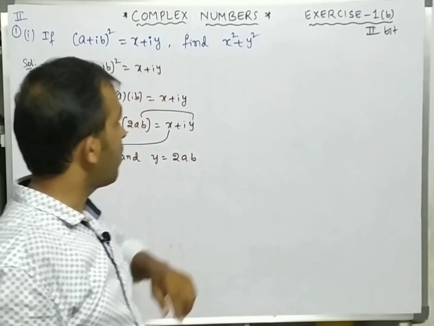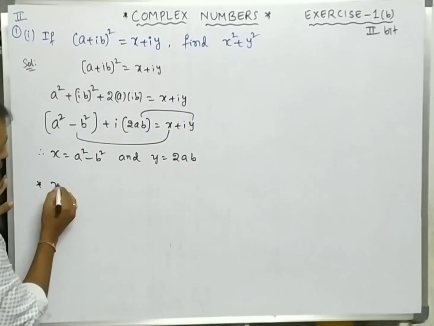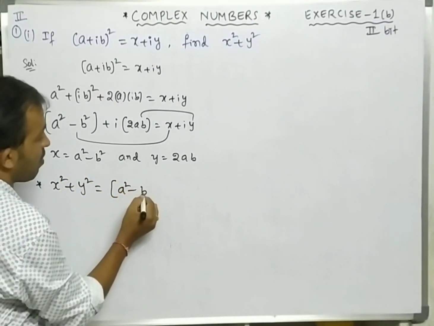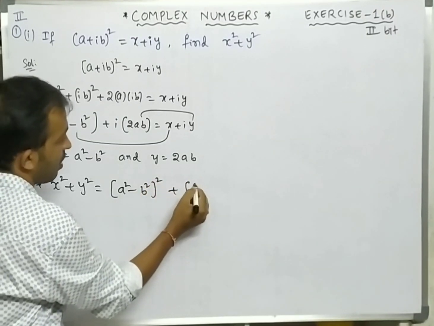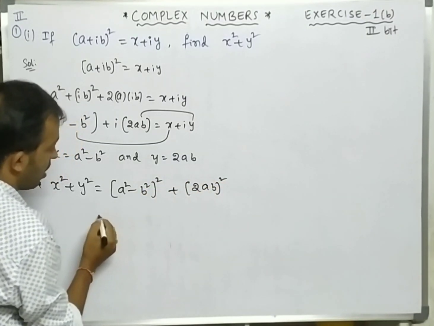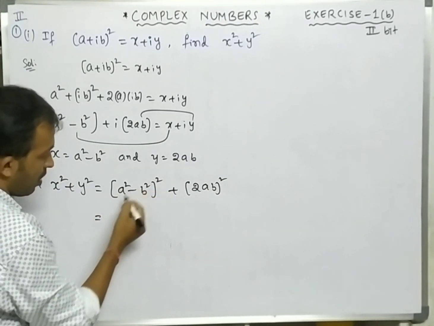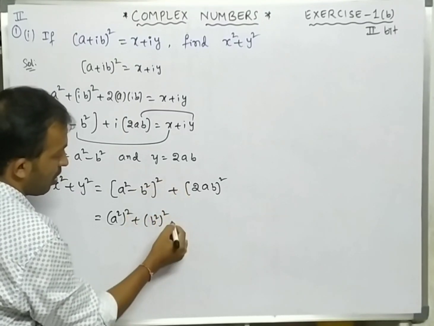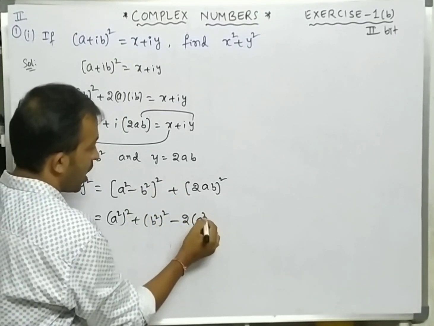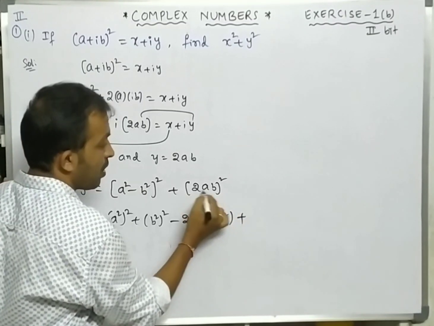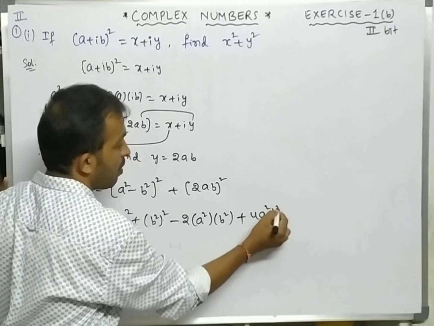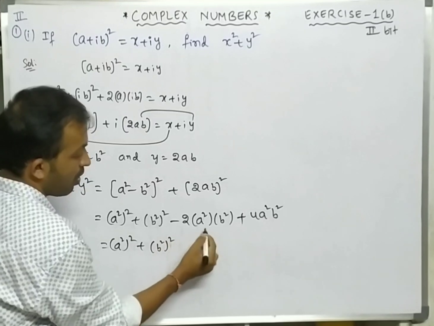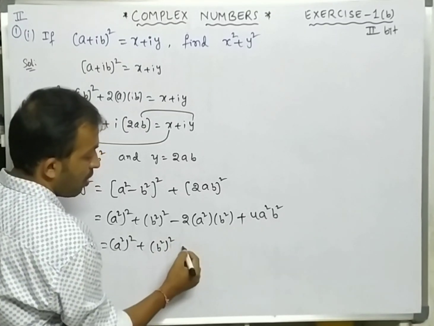Now the question is to find the value of x square plus y square. So x square plus y square is equal to (a square minus b square) whole square plus (2ab) whole square. Simplify: a to the 4 plus b to the 4 minus 2a square b square plus 4a square b square.